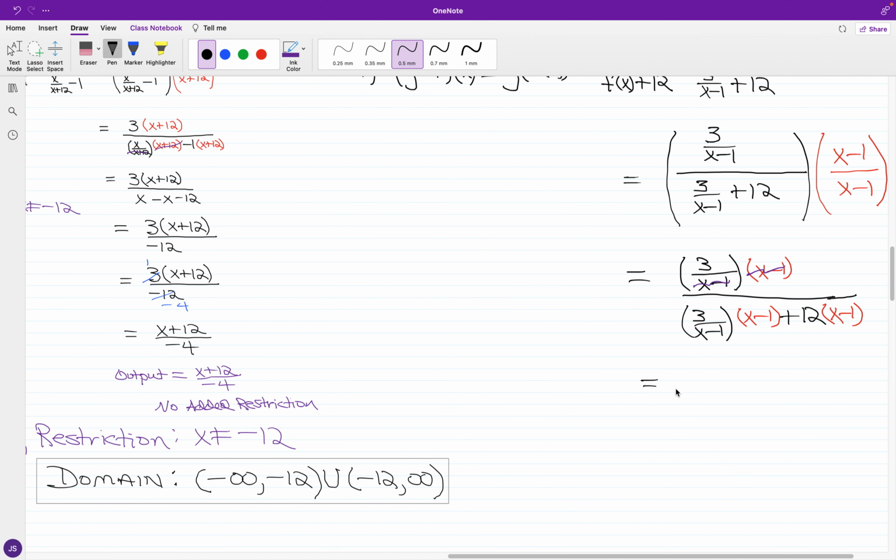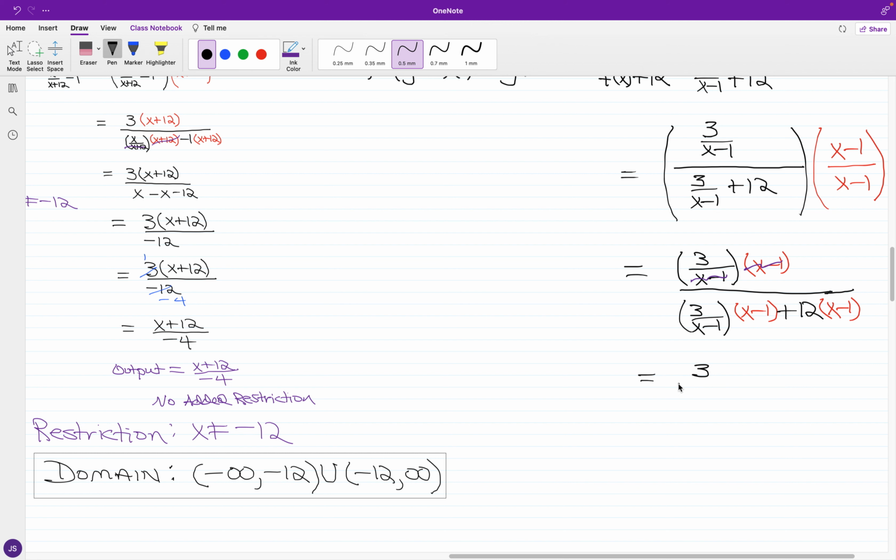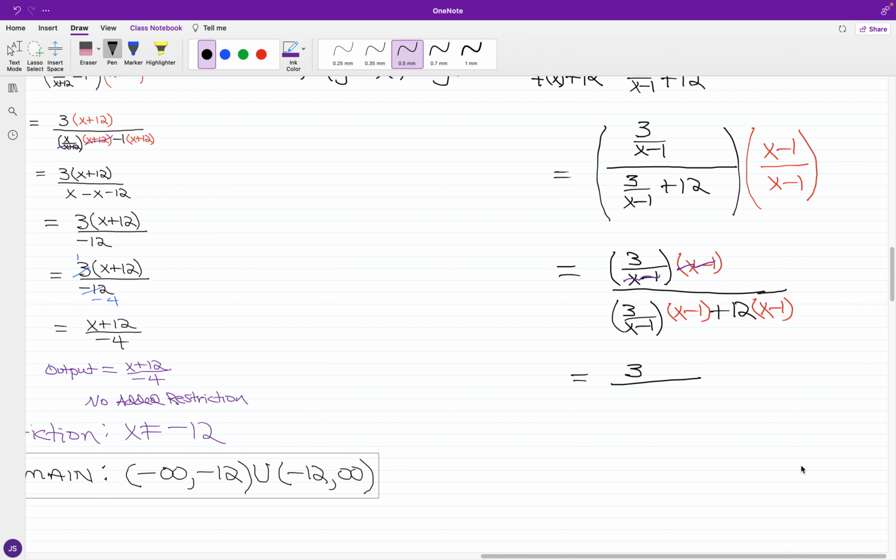Now for the denominator, the x minus 1s will go out. So you got 3, and then we have 12 over x minus 1, so we have 12x minus 12. So this will come down to 3 over 12x, and 3 minus 12 is going to be negative 9.